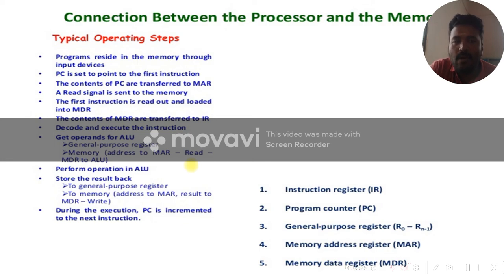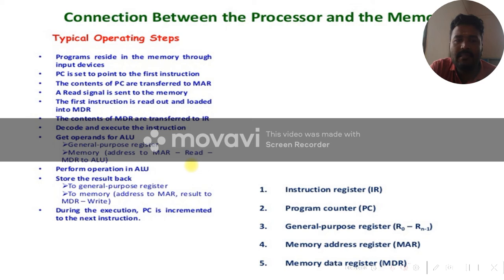Next, the content of the memory data register is transferred to the instruction register, because the next instruction is going to be processed. The next instruction is handled by the program counter, whereas the current instruction is carried out by the instruction register. These loops continue until the whole set of instructions is executed.